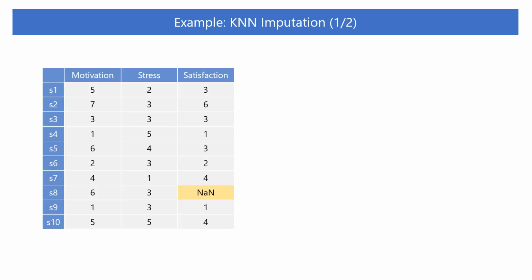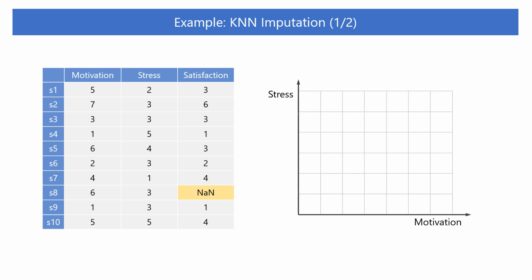Let's take a look at a simple example of the KNN method. Suppose we have this employee dataset. It contains data on motivation, stress, and job satisfaction, measured on a scale of 1 to 7. Here, the data on job satisfaction is missing for one employee. Let's visualize this data as a scatter plot.